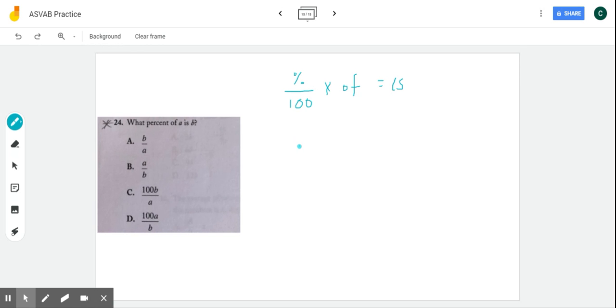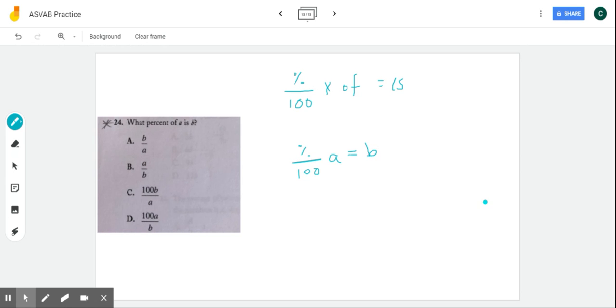We have percent, which is what we're looking for, so percent over 100 to get it as a decimal for our calculation purposes. And then of A. I'm just not going to put a symbol there because that's assumed multiplication, is equal to B.